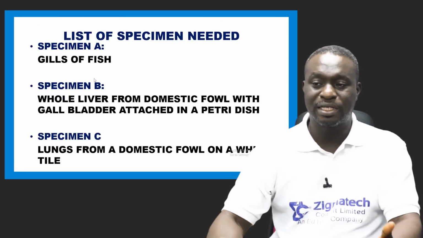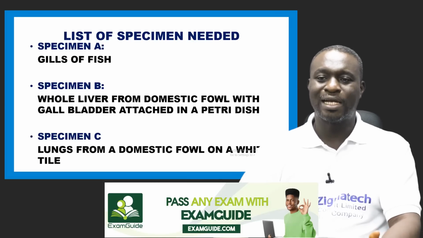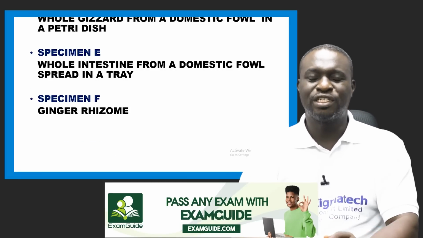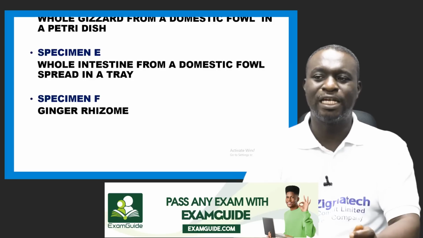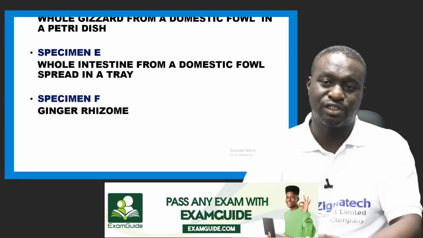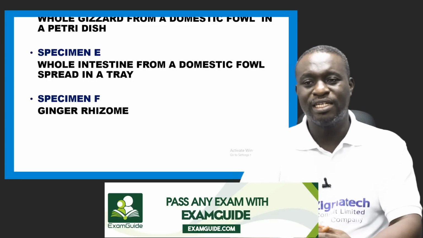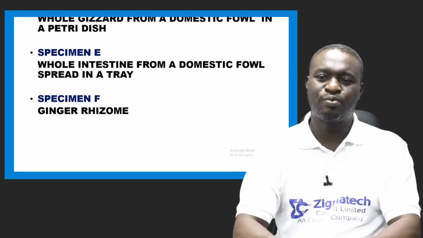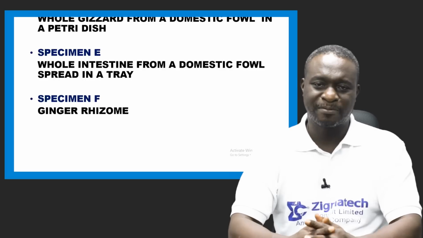Specimen D is the whole gizzard from a domestic fowl in a petri dish. Specimen E is the whole intestine from a domestic fowl spread in a tray.